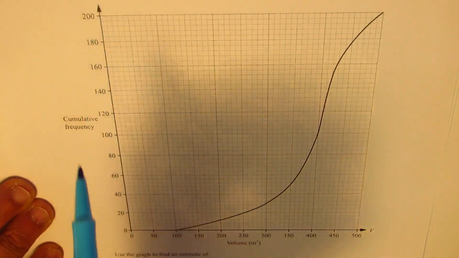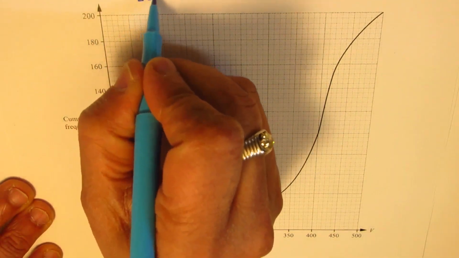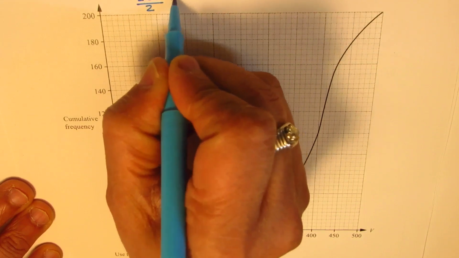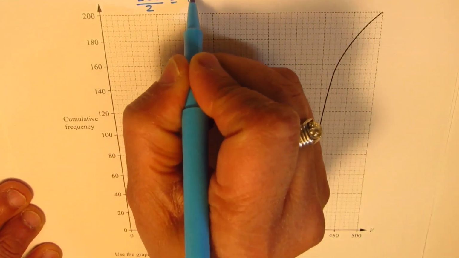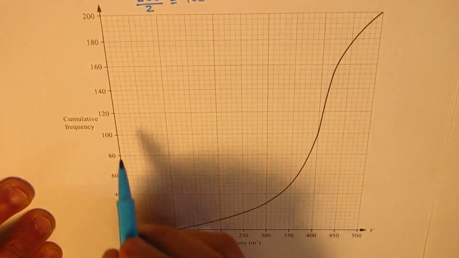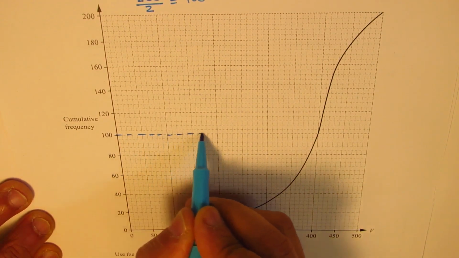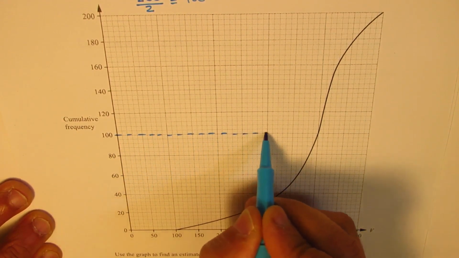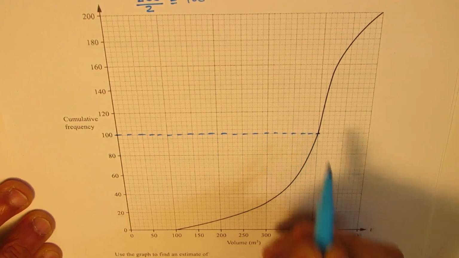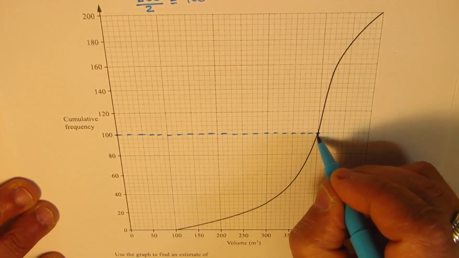Since there are 200 students, we'll do 200 divided by 2, which is 50% of this, so 100 students, right? So for 100 students, the volume estimate of the room is this point, right? So you can read it directly here.